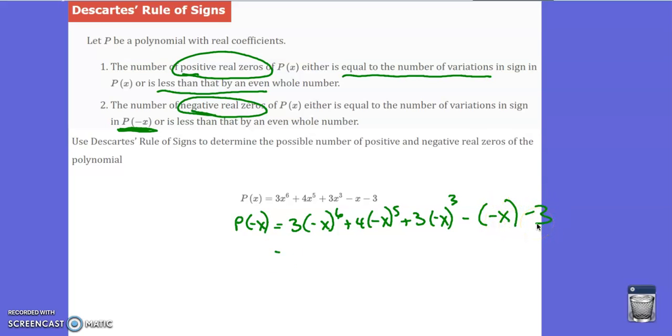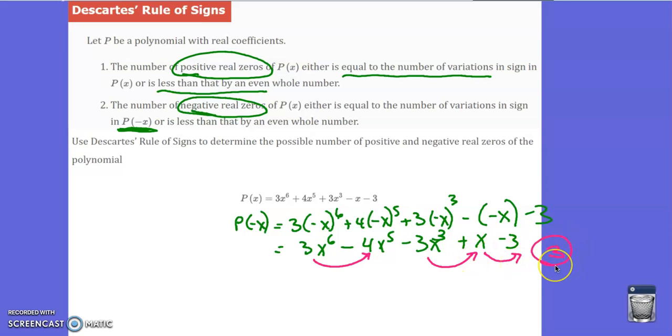And then if we simplify this, it's going to end up getting to this. Now let's look at the change of signs. It starts off positive, then it switches to negative. It stays negative, then it switches to positive, and then it switches to negative. So there are 3 changes of sign when we take p of negative x.